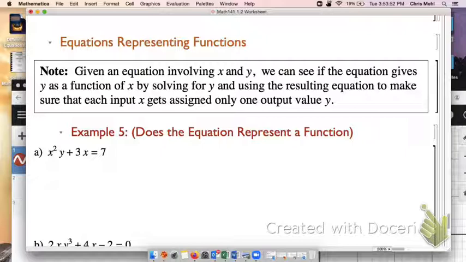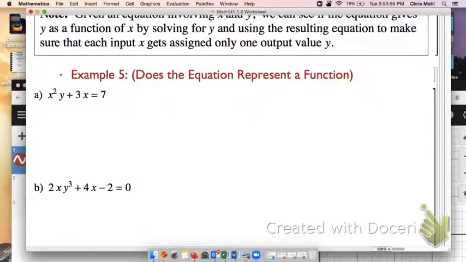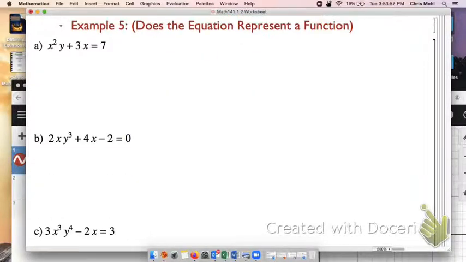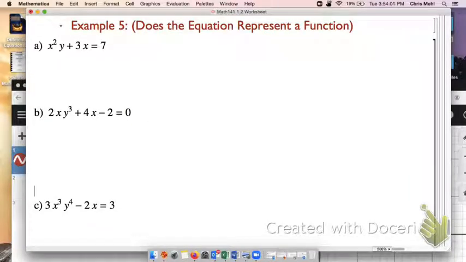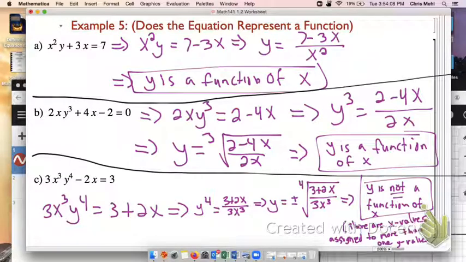Now I'm going to solve all of these for y in the next slide here for all of you to see. Okay.